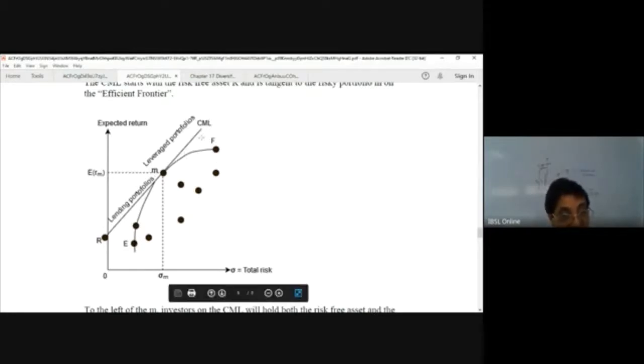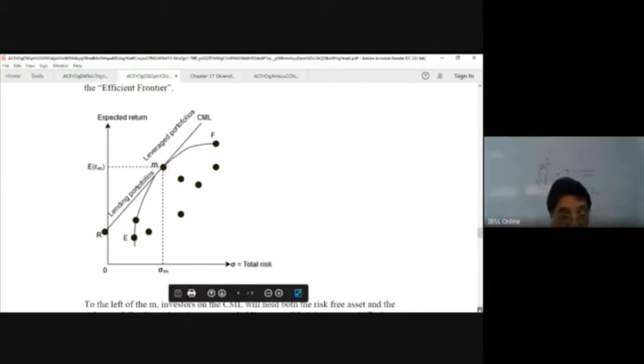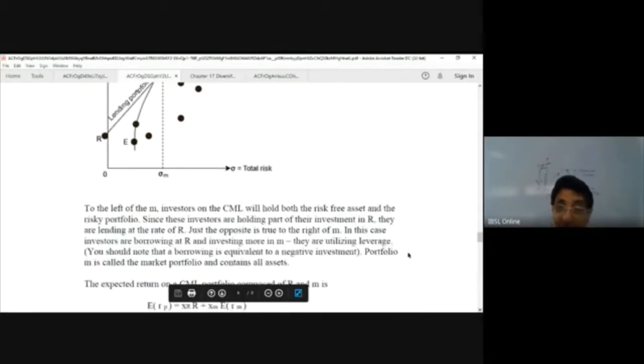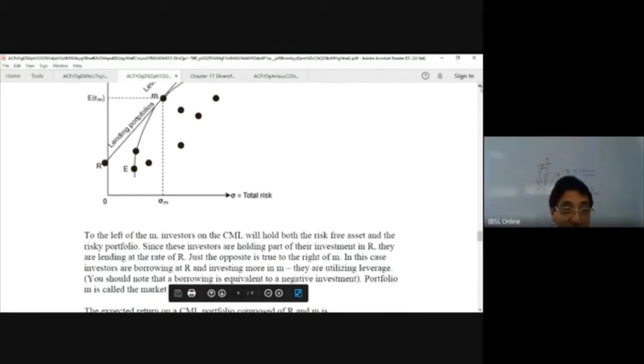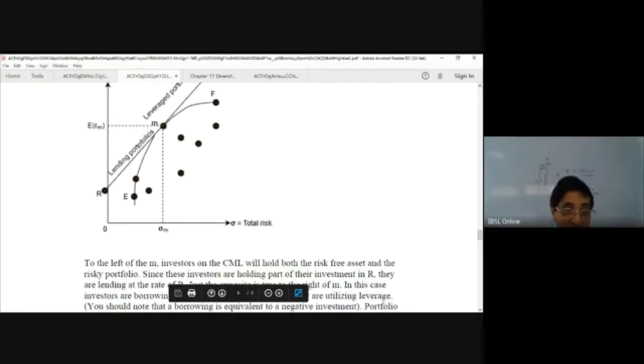And this capital market line becomes a tangent to the efficient frontier, and it becomes tangent to the efficient frontier at a particular place, and that particular portfolio is known as the market portfolio. And to the left of this point we call it lending portfolio, to the right we call it leverage portfolio.